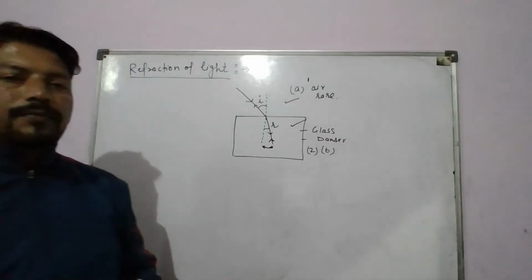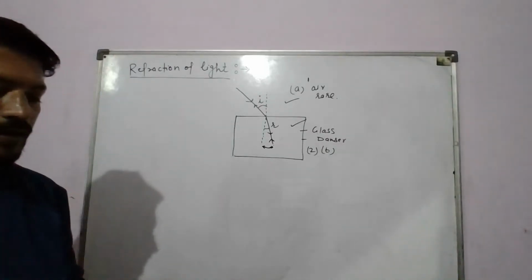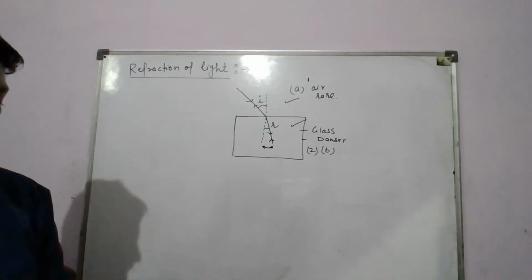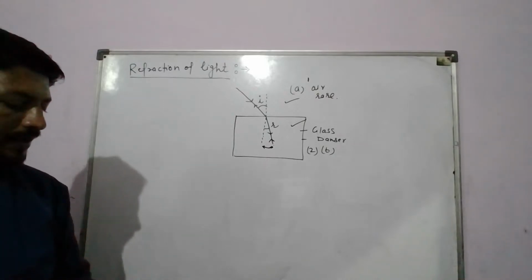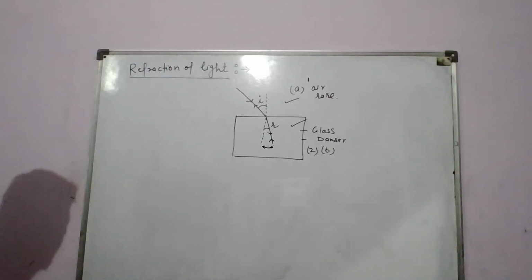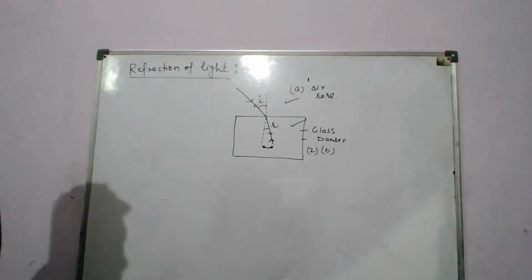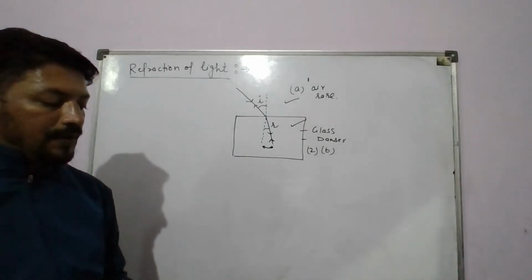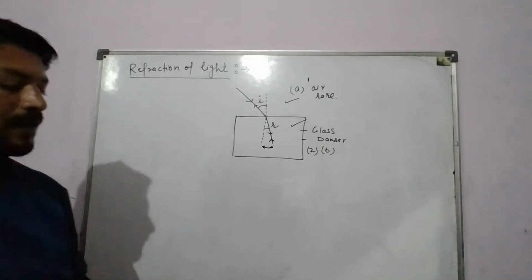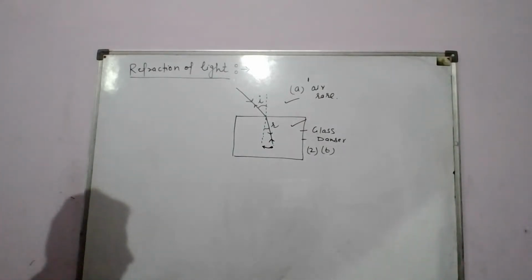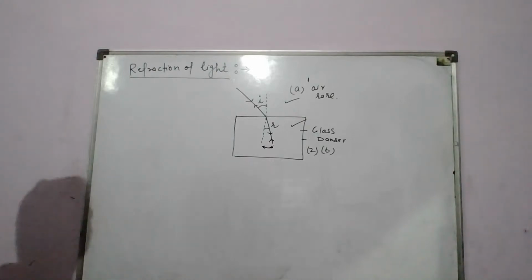So again we can discuss the laws of refraction. The incident ray, the normal at the point of incidence on the refracting surface, and the refracted ray all lie in the same plane. And the ratio of the sine of the angle of incidence to the sine of the angle of refraction is constant.